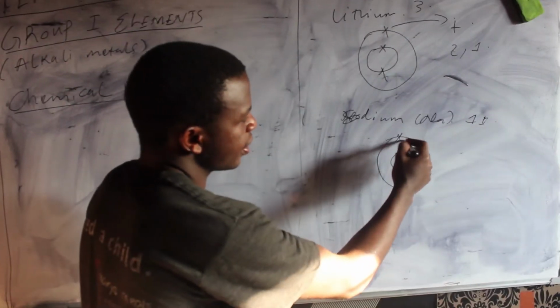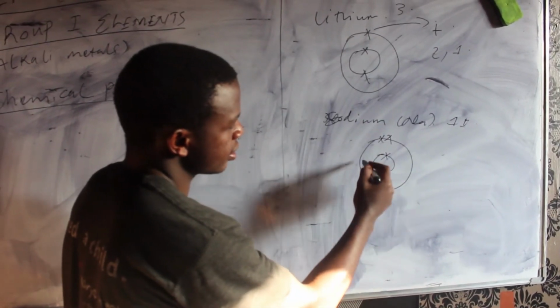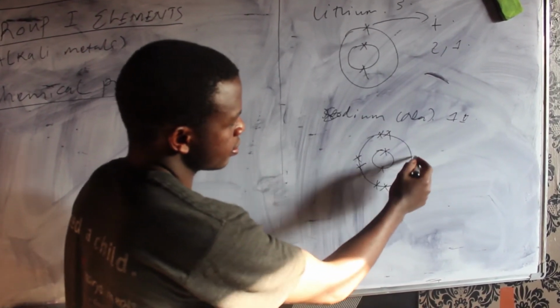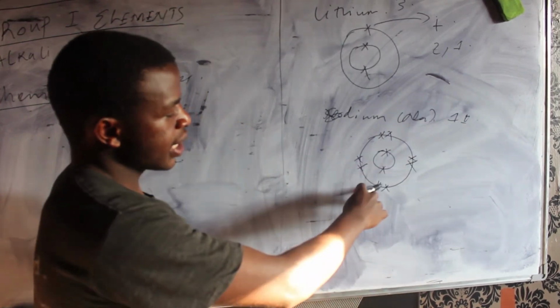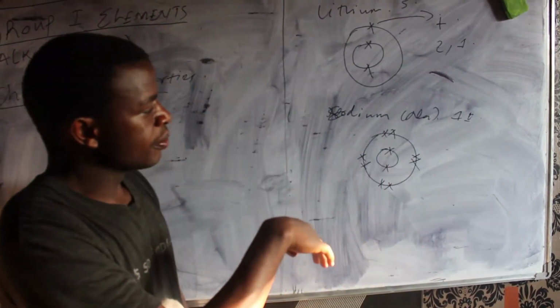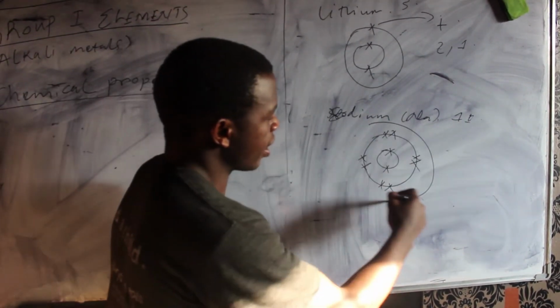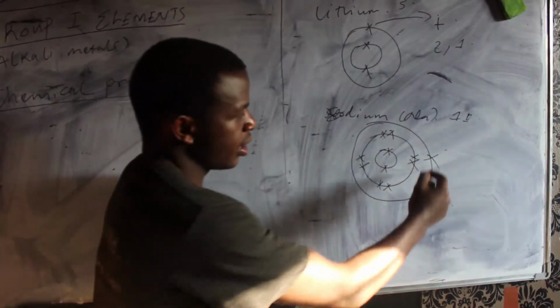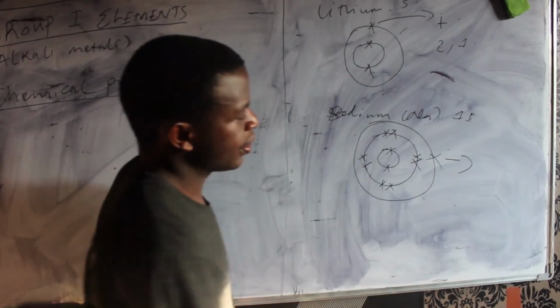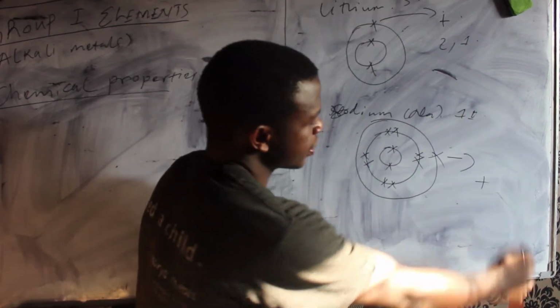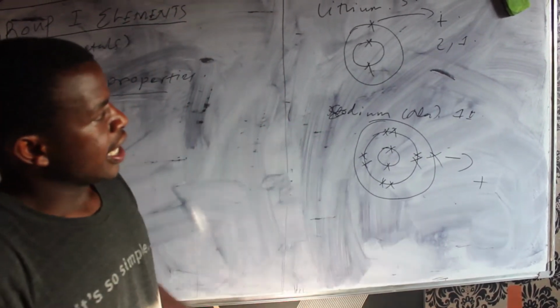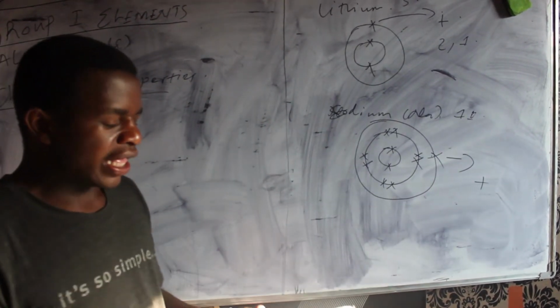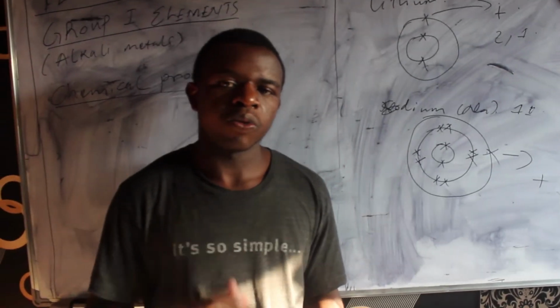In the second shell, it has 8. So 8 plus 2, that forms 10. So I'm just remaining with 1. So when sodium reacts, the one electron is going to be lost and it will be positively charged. And this happens to all the elements in group 1.